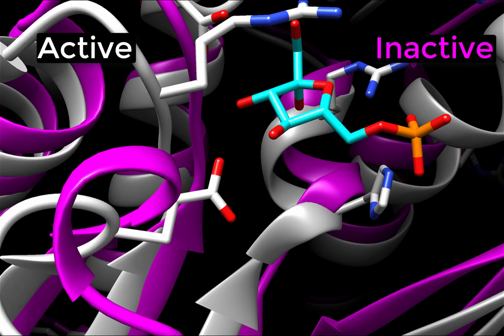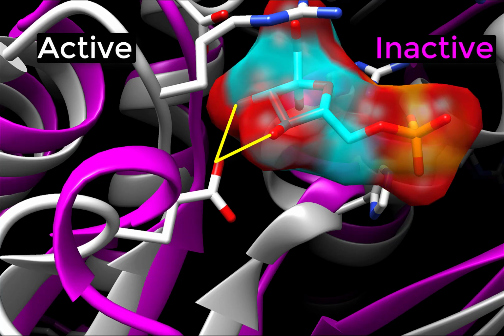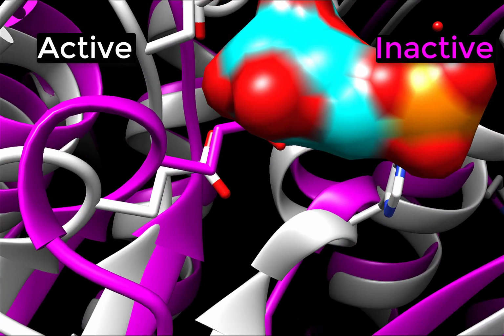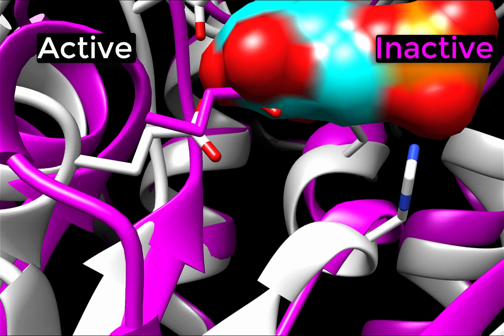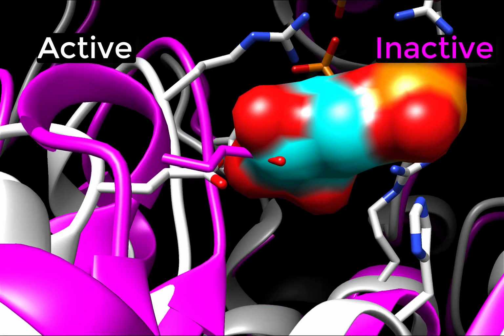So when we do this, we see a couple really important hydrogen bonds that exist between the substrate and a glutamic acid in the active structure. However, if we look at that glutamic acid in the inactive form of the enzyme, what we can see is a very clear interaction between that glutamic acid and the substrate, fructose 6-phosphate. And it's not a good interaction.